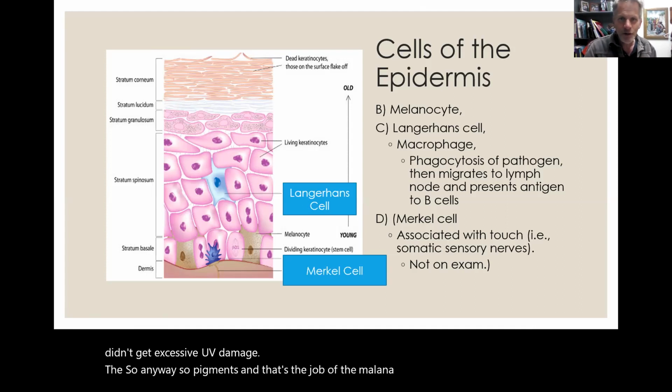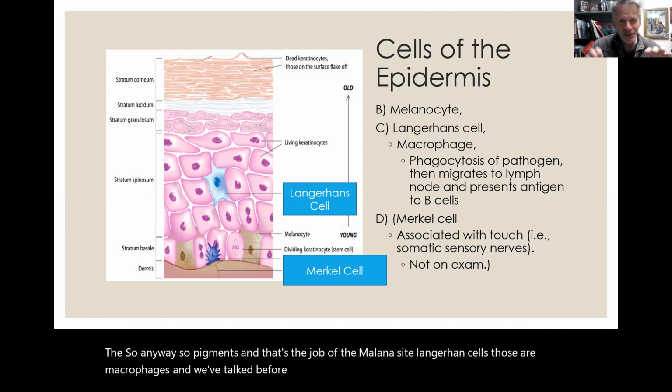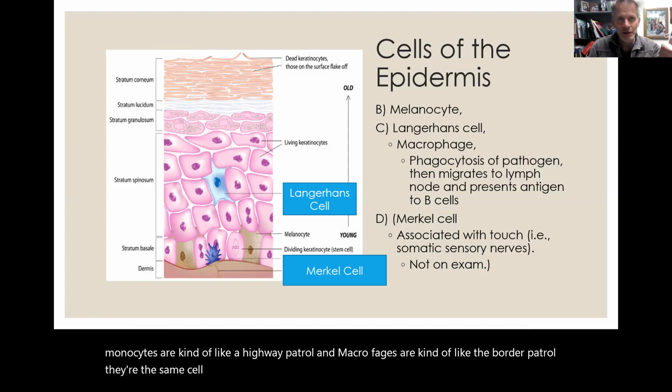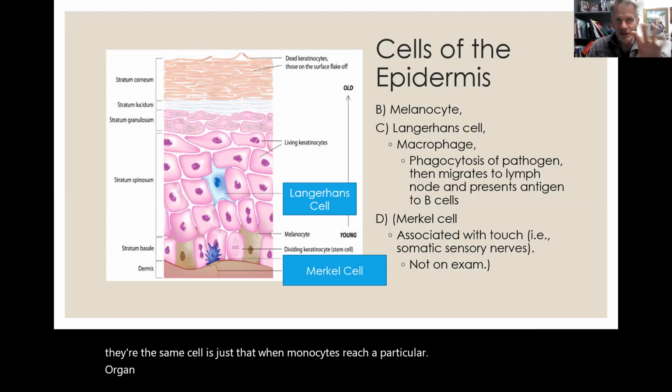Langerhans cells, those are macrophages, and we've talked about monocytes and macrophages. Monocytes are kind of like the highway patrol, and macrophages are kind of like the border patrol. They're the same cell, it's just that when monocytes reach a particular organ, the liver, the brain, the skin, we give them a different name.